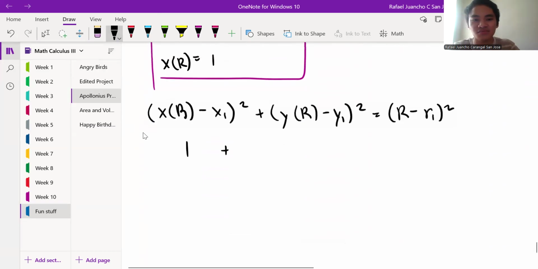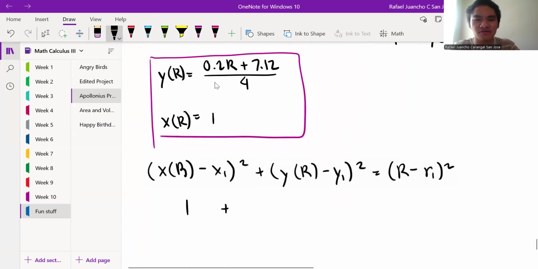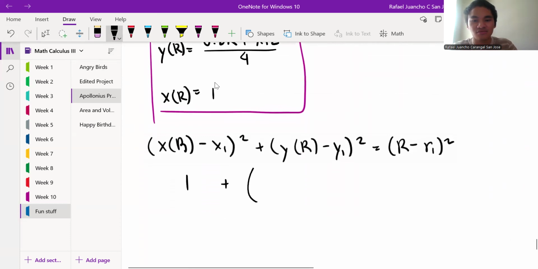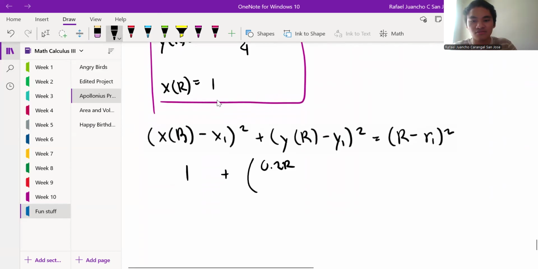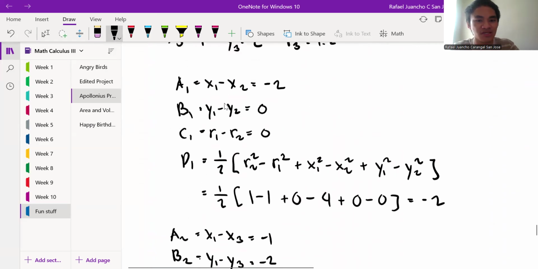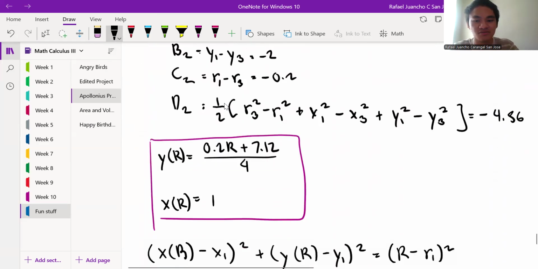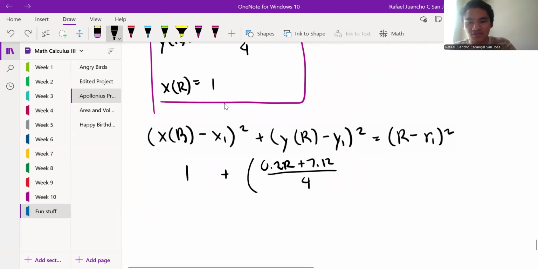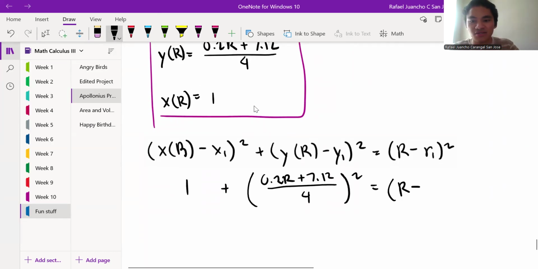Plus y of r: 0.2 r plus 7.12 over 4 minus y1. Y1 in this case is 0. So let's just leave it like that. And then this is equal to r minus r sub 1.